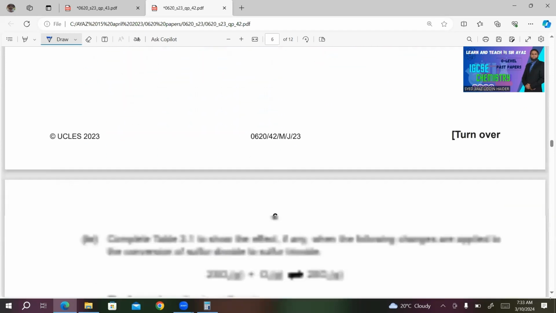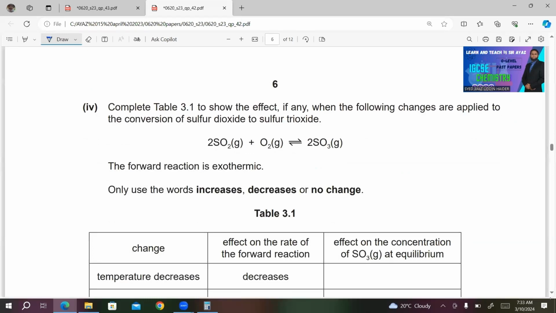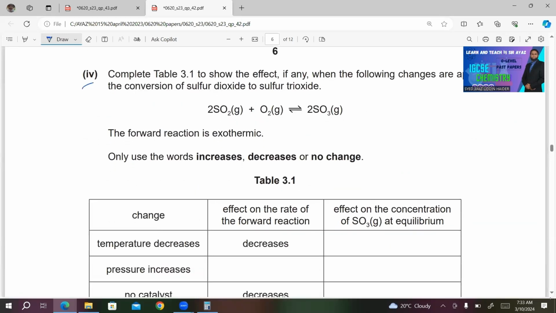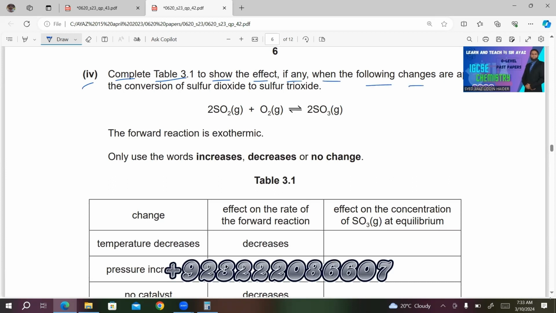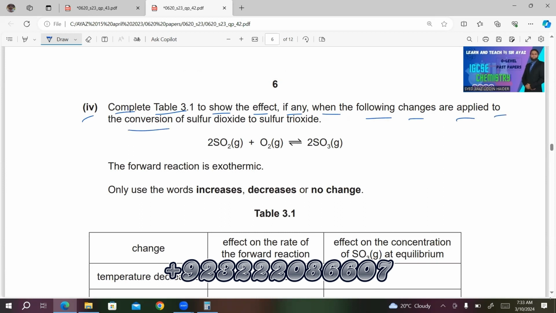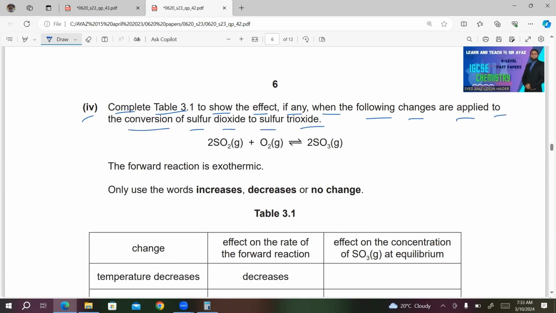Moving to next part of this question. Number 4, complete table 3.1 to show the effect, if any, when the following changes are applied to the conversion of sulfur dioxide to sulfur trioxide. Here's the equation. The forward reaction is exothermic. Only use the words increases, decreases, or no change.